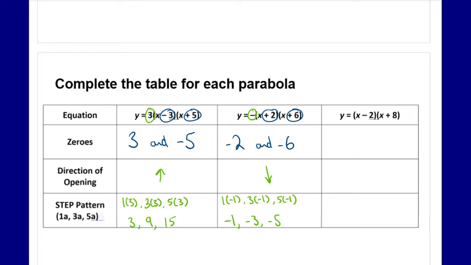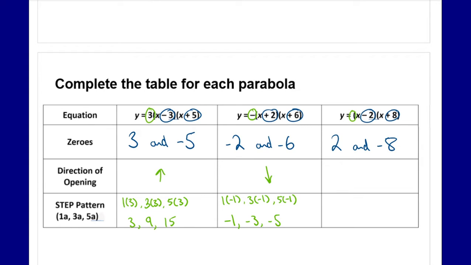For the last example, for the zeros, looking at those two values, the opposite of negative 2 is positive 2, and the opposite of positive 8 is negative 8. So my two zeros are 2 and negative 8. For the direction of the opening, again, we look at the value in front.